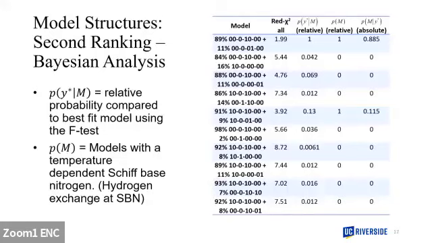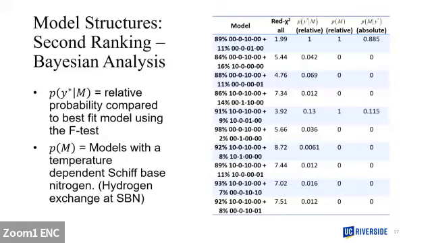The first step is to calculate the relative probability compared to the winning model. We do this using the F distribution, which describes the ratio of two reduced chi-squareds if both are equally good descriptors of the data with the expected residuals.